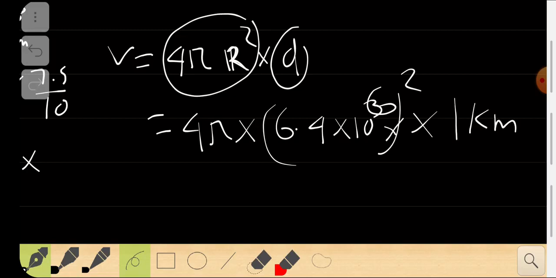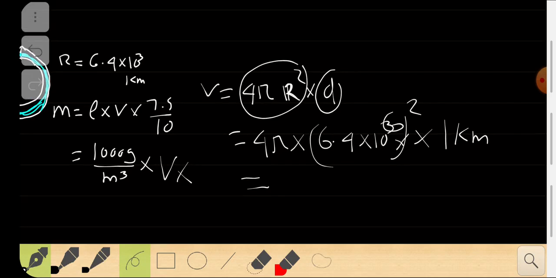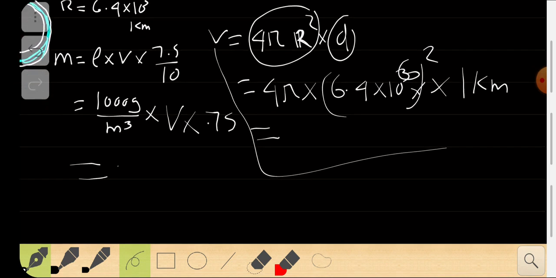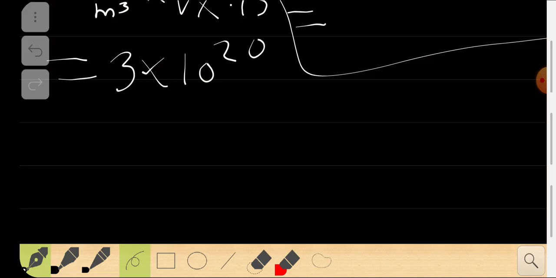When you substitute that value, times 0.75, you can calculate that yourself, you get 3 times 10 to the power 20. That's a big value. That's the kilogram of water present on the surface of earth.